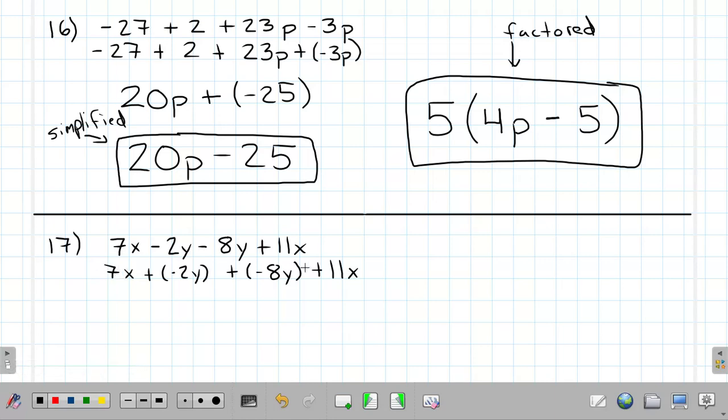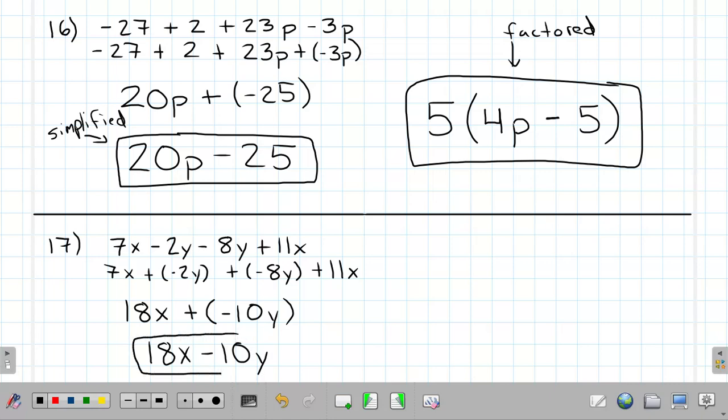I can combine 7x and 11x, which gives me 18x, plus, and then now we can combine the y terms that we have. Negative 2 plus negative 8 gives me negative 10y. So technically the simplified version here is going to be 18x minus 10y.